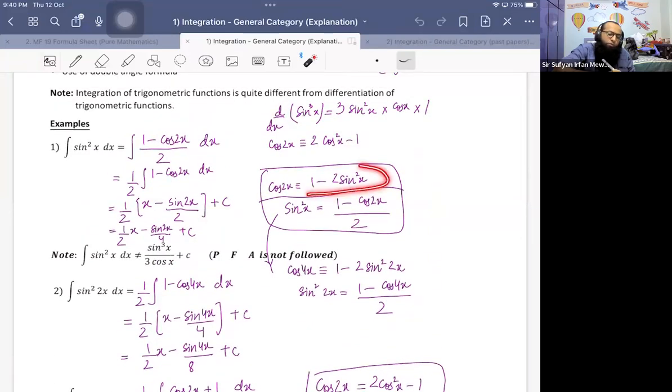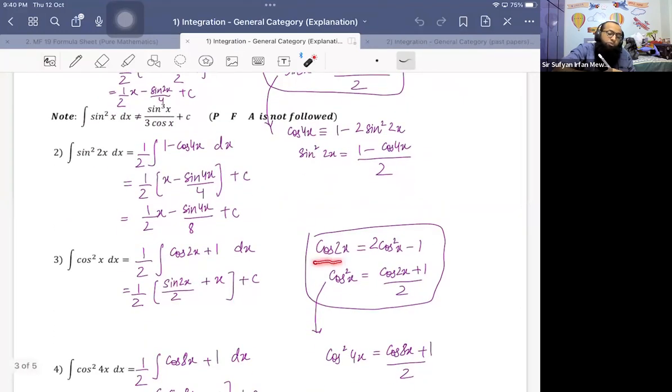As I've shown you in the formula sheet, there are multiple versions. Over here, it's cos 2x equals 2 cos square x minus 1. So if we take cos square x as the subject, cos square x will become cos 2x plus 1 divided by 2.